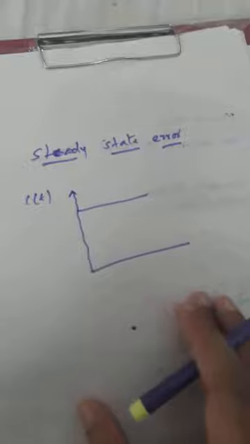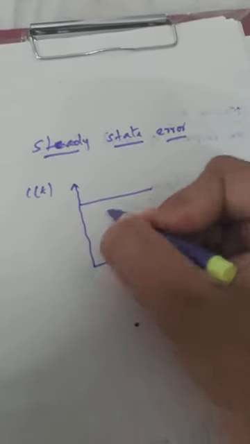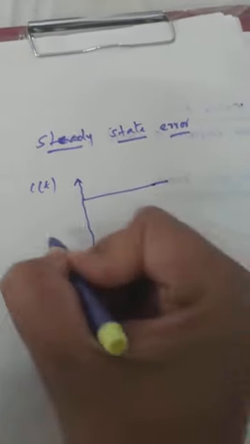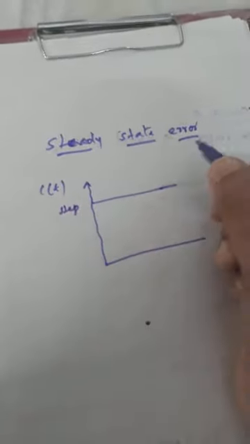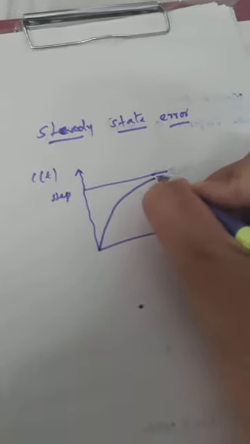After this we should know what we mean by steady state error. Let us consider a step input, which we have already studied in Signals and Systems. You know what a step input is.